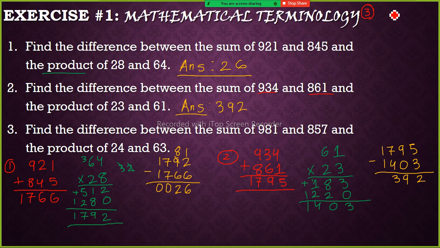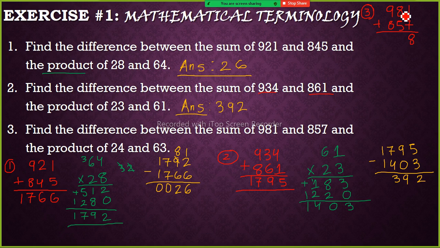So when we add 981 and 857. Deshaun, have you already added them? What you get? If you already added them already. Number 3. I get 1,838. That's what I get.